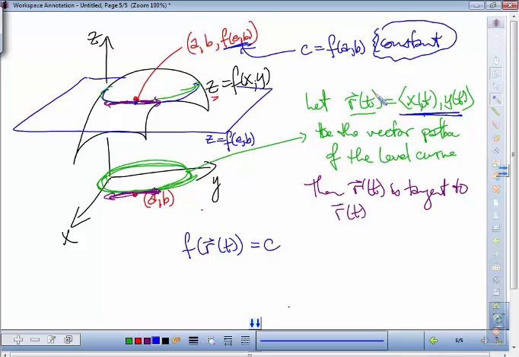So what we're saying here is that the level curve, when that gets put into the function, you have a constant height. So you're walking along this path around this mountain, and you're not going to change in your height. Okay?